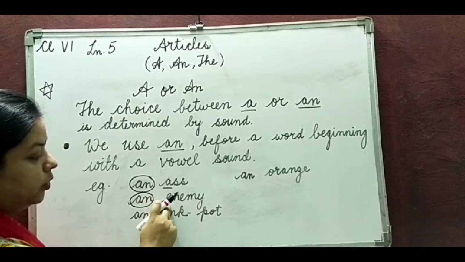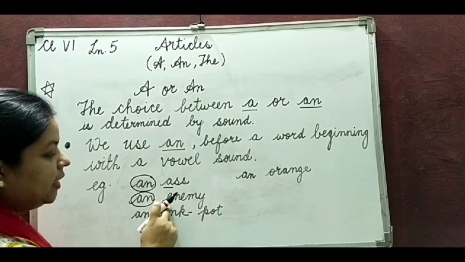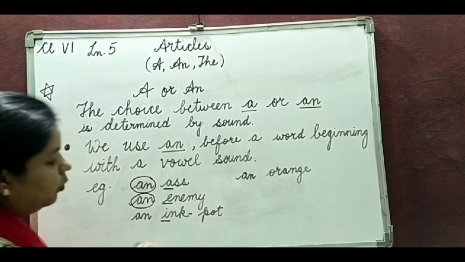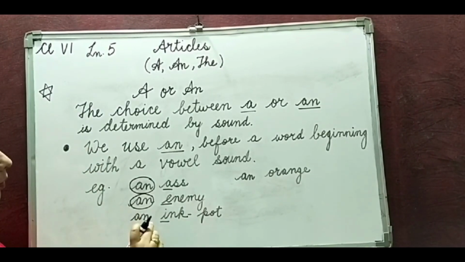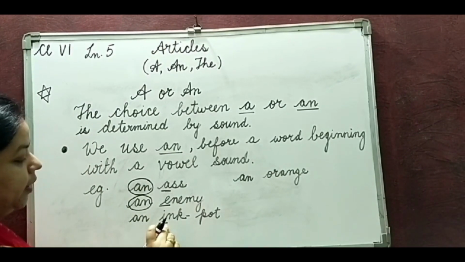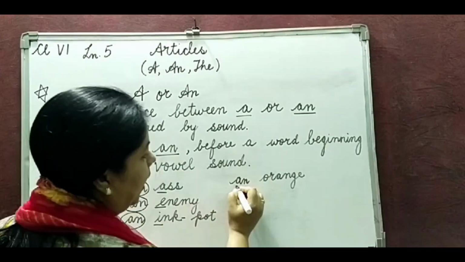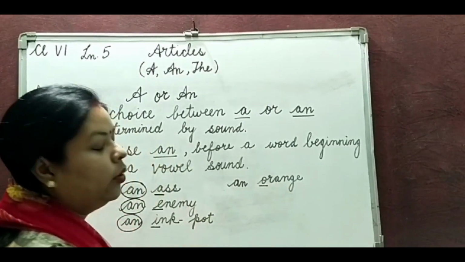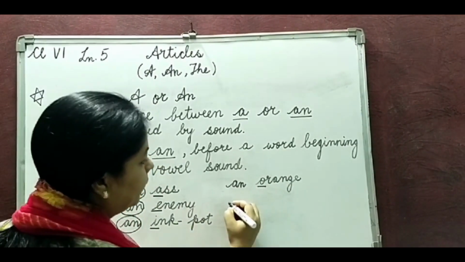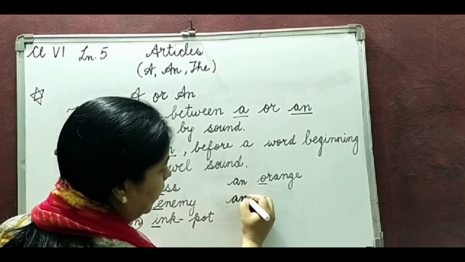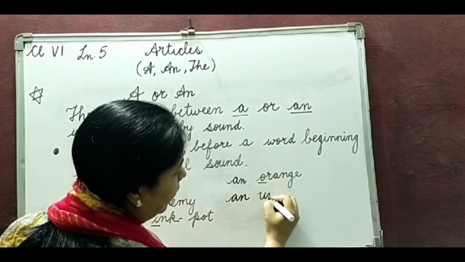Here the sound that comes is e. An ink pot. Again, a vowel is placed. Again, a vowel is here written after the article. An orange. Again, O is used here. Then, an umbrella.